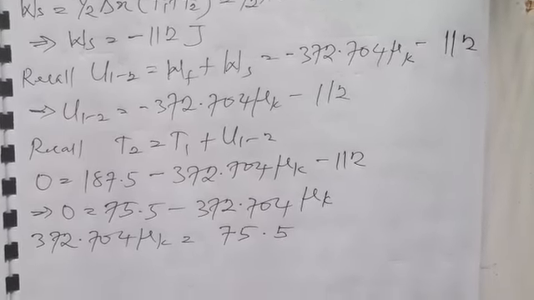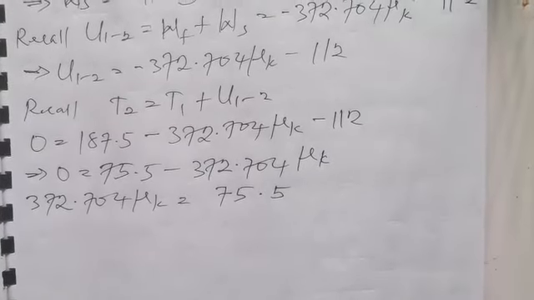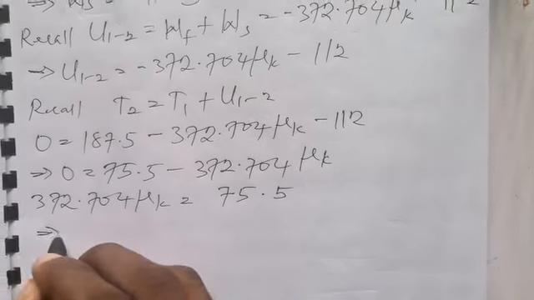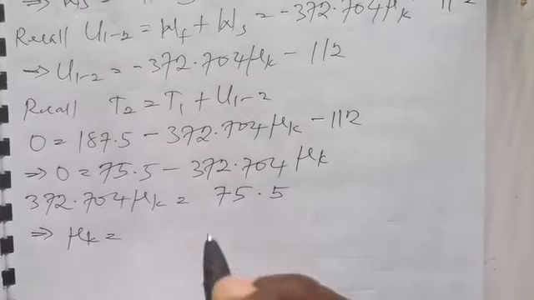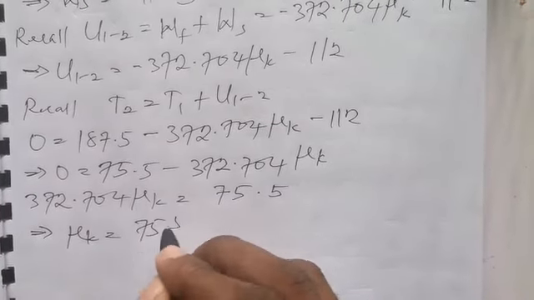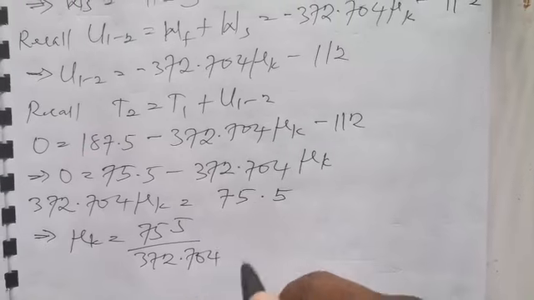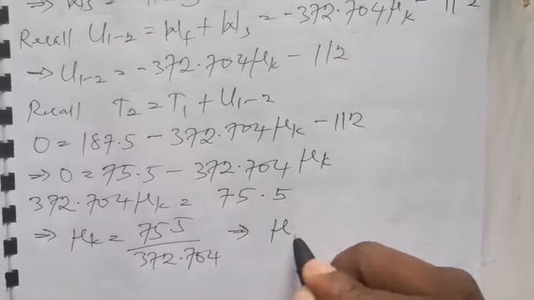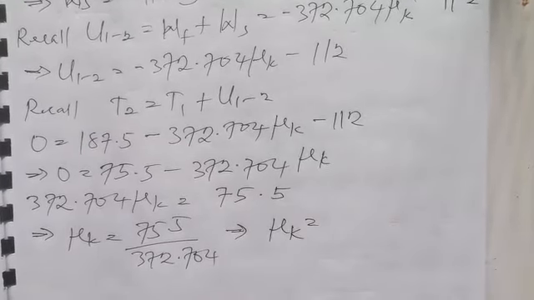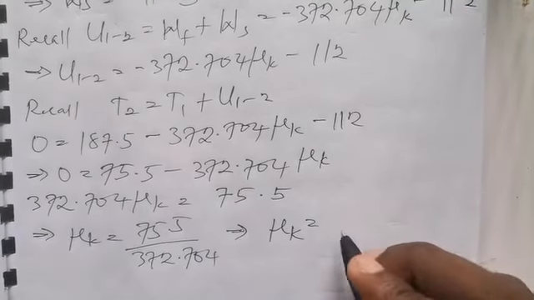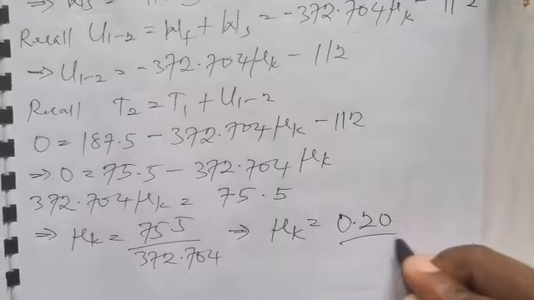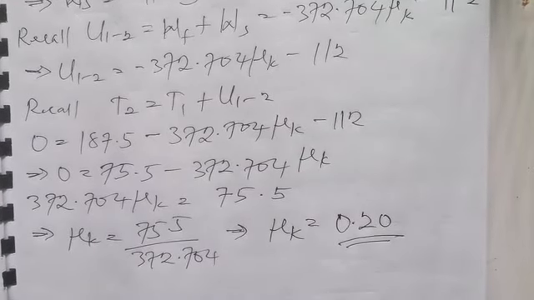Now we make the coefficient of kinetic friction the subject of the formula. This simply implies mu K is equal to 75.5 all over 372.704. So our coefficient of kinetic friction is equal to 0.20, and that is the answer to that given question.